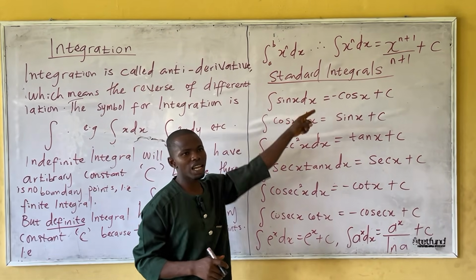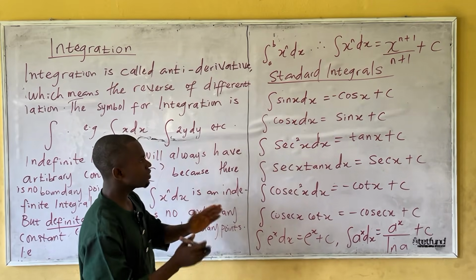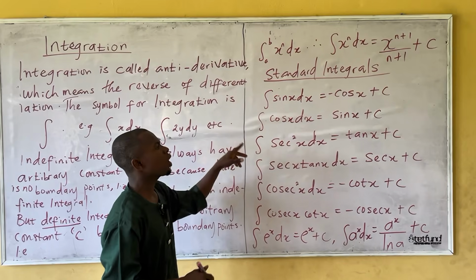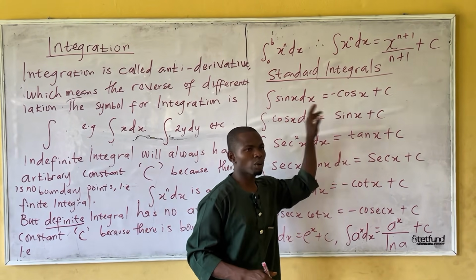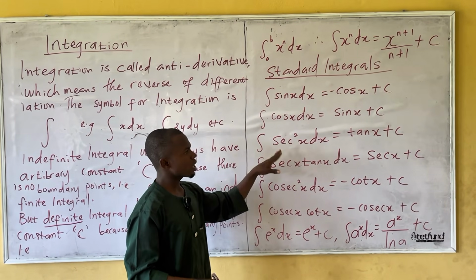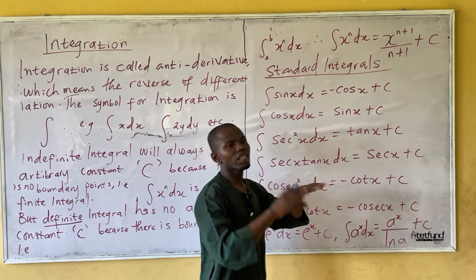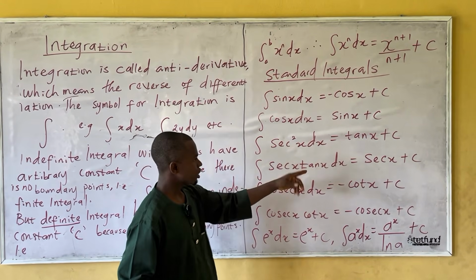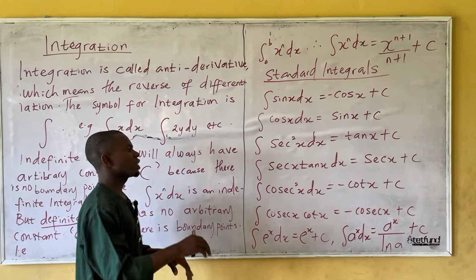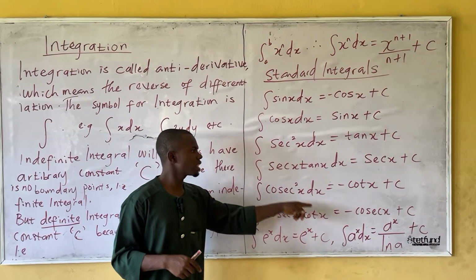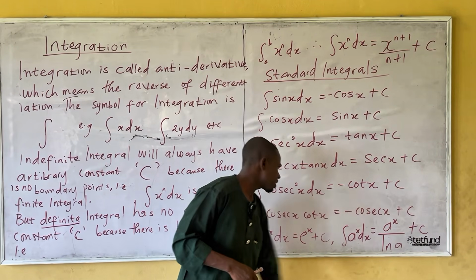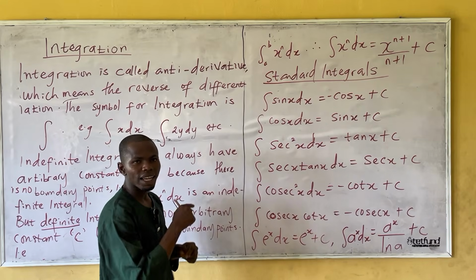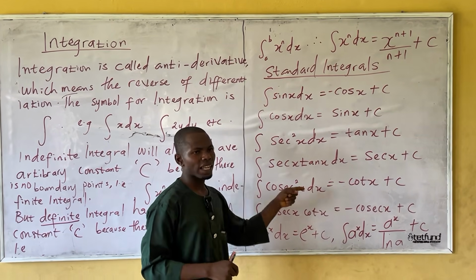Integral of sine x dx gives minus cos x plus C, indefinite integral, so there must be plus C. Integral of cos x dx equals sine x plus C. Integral of sec square x dx is tan x plus C. The integral of sec x tan x dx is sec x plus C. The integral of cosec square x dx is minus cot x plus C. The integral of cosec x cot x dx gives minus cosec x plus C. These are all standard.